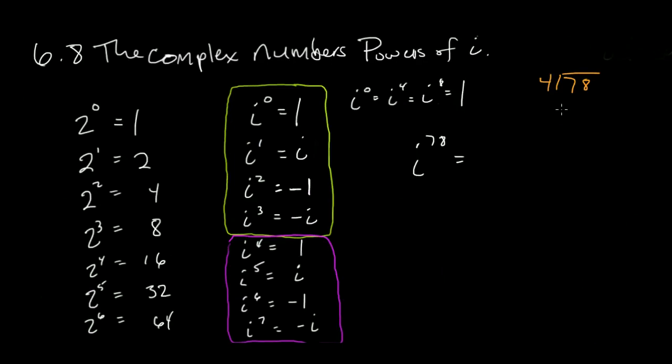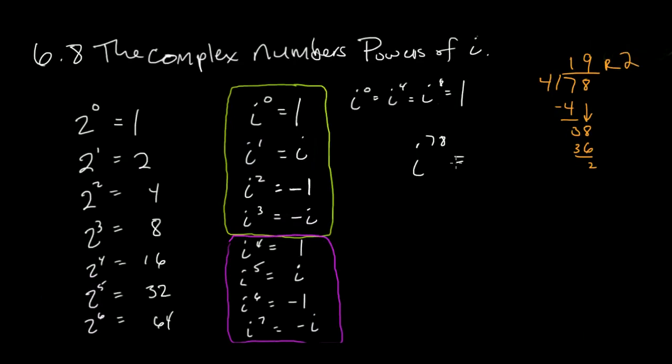Then what do I have? So 78 divided by 4 is, let's see, 1, give me the 4, subtract that, 3, bring down the 8. Told you long division would come into play again, and you didn't believe me. 36, that's 2. So I have a remainder of 2.